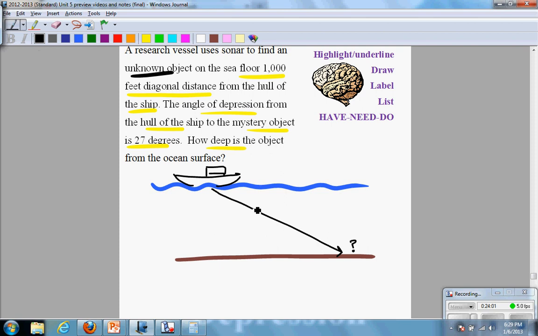That is 1,000 feet diagonal distance from the hull. So that's 1,000 feet. The angle of depression from the hull of the ship to the mystery object is 27 degrees. Depression is horizontal going down. Find the depth of the object. So depth is a straight down concept. So there's your right angle and there's your x.